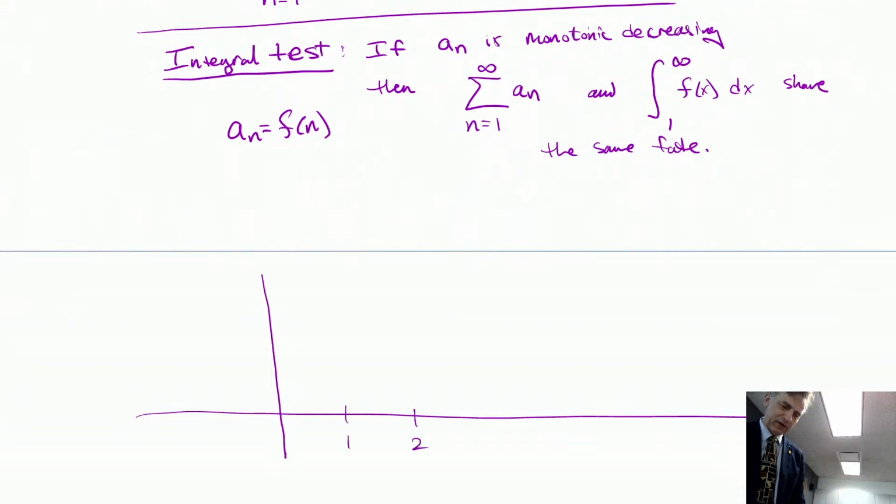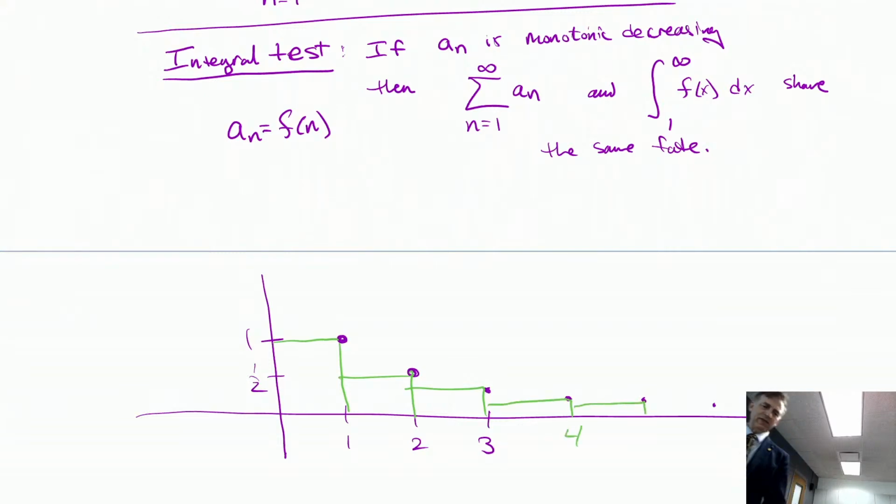If I were to graph the harmonic series, this is going to be 1, this will be 1/2, this is 1/3, 1/4, etc. If I were to add up those terms, I'm going to get the same thing as if I added up the areas of these rectangles, because each of these rectangles has a base that is 1, and the height is the value of the term there. So if I add up those rectangles, I'll get an area that is equal to the sum.